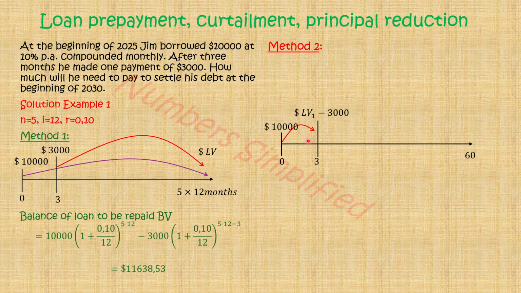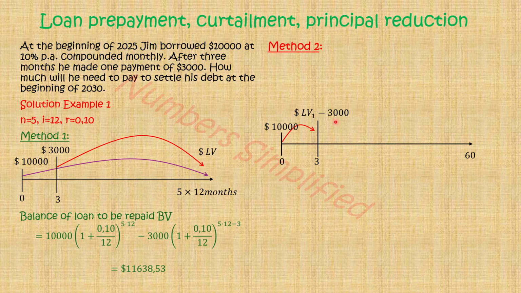So with the 3 months over here, we know that that loan would have accumulated some interest in the 3 months. So we are going to get the value of that particular loan in 3 months, then subtract the payment that was made. So that is basically what we are talking about.